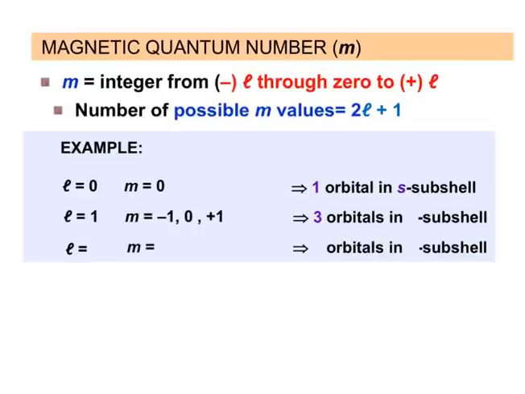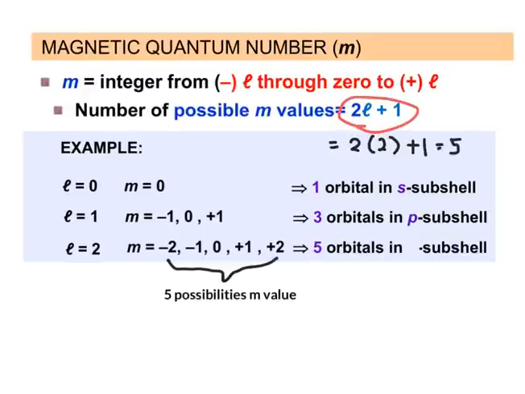Since the angular momentum quantum number is 1, these are p orbitals. Next, for azimuthal quantum number 2, the magnetic quantum number starts from negative 2, negative 1, 0, positive 1, positive 2. Inserting 2 into this equation, we get 5 orbitals. Since the azimuthal quantum number is 2, the subshell is the d orbital.